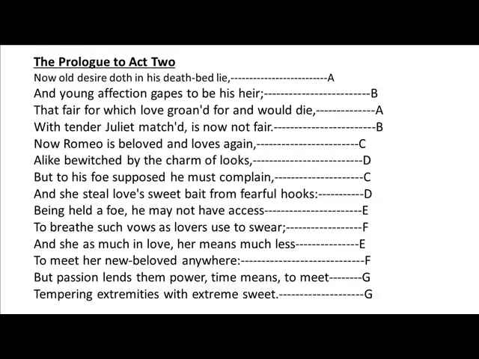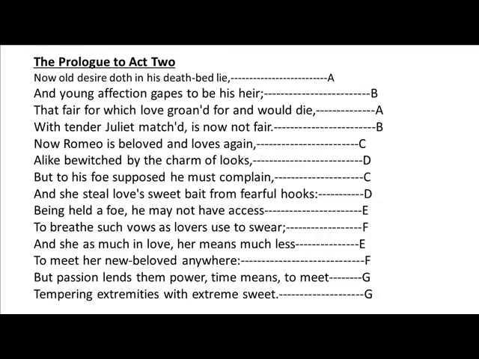Now old desire doth in his deathbed lie, and young affection gapes to be his heir. That fair for which love groaned for and would die, with tender Juliet matched, is now not fair. Now Romeo is beloved and loves again, alike bewitched by the charm of looks, but to his foe supposed he must complain, and she steal love's sweet bait from fearful hooks.